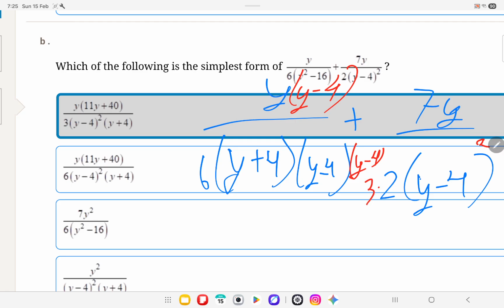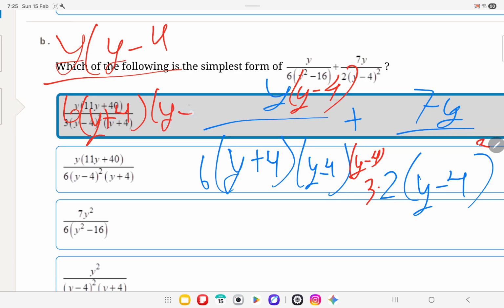So let me rewrite it so we have space. Y times y minus 4 over 6 times y plus 4, then y minus 4 squared, right?